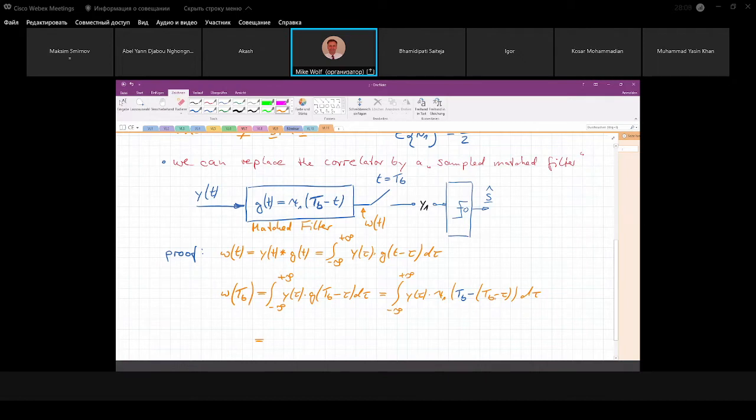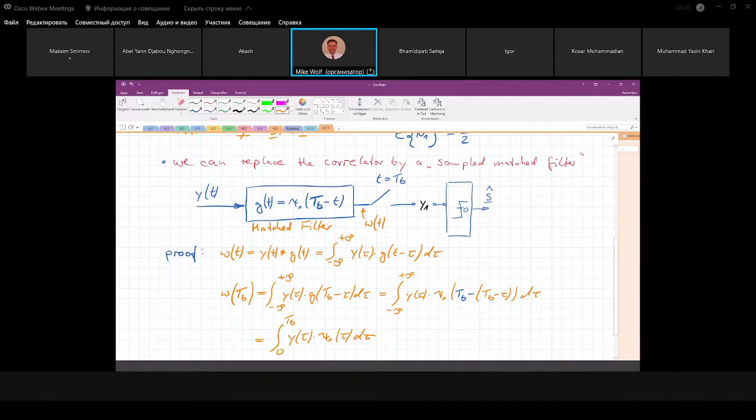Since we assume that the basis function for the first is 0 outside the bit interval, we can integrate just from 0 to TB, because our basis function has this length. And then we have here Y of tau times psi1 of tau. So at the sampling times, it's exactly the same as this correlator.